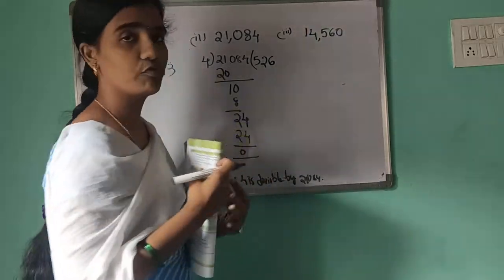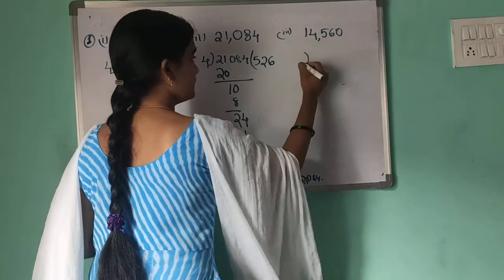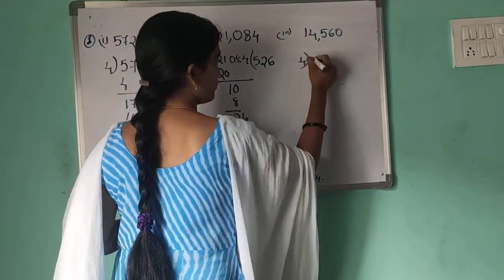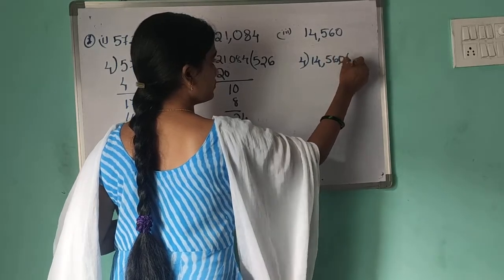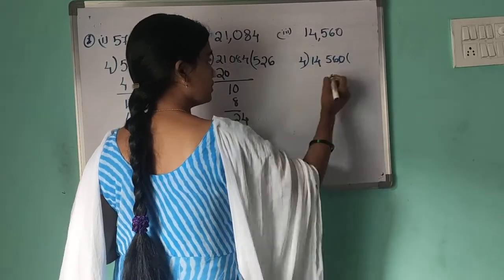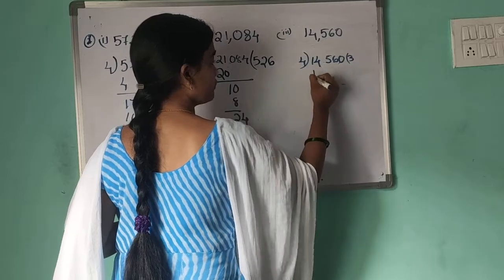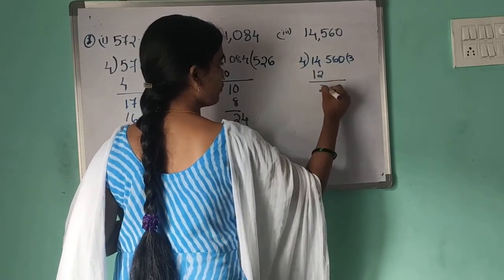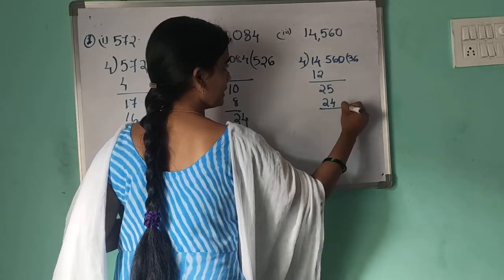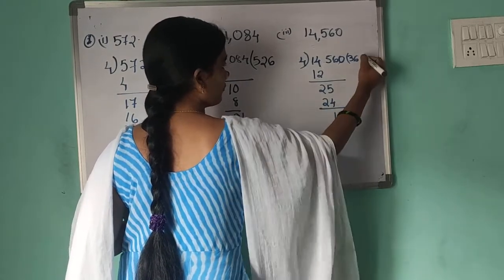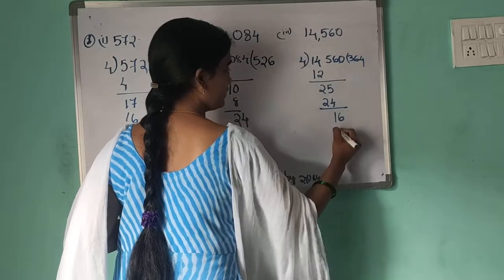14560. Let's see. 3 4s are 12. Remainder is 2. 5 6, 6 4s are 24. Remainder is 1. 6 4s are 16.